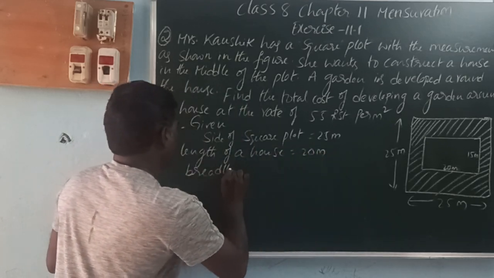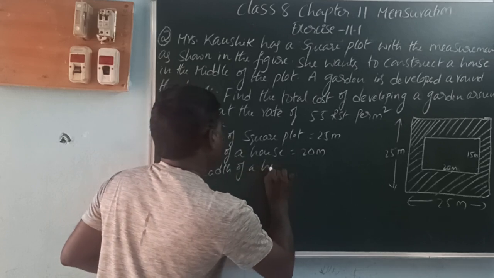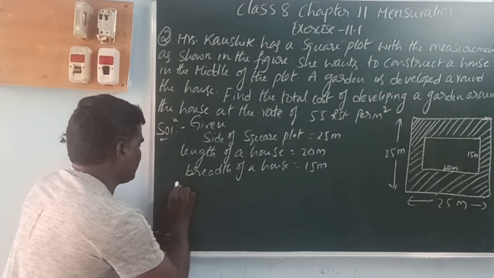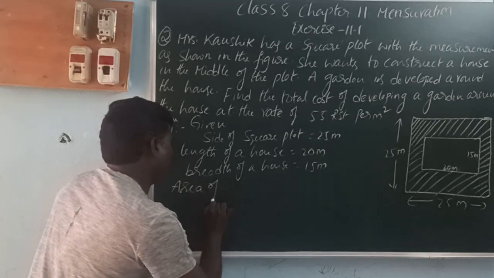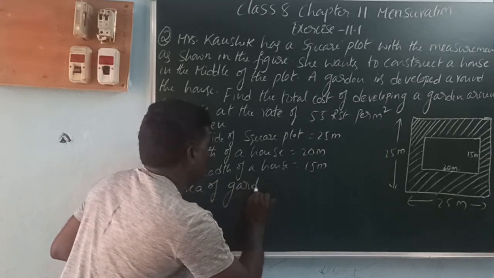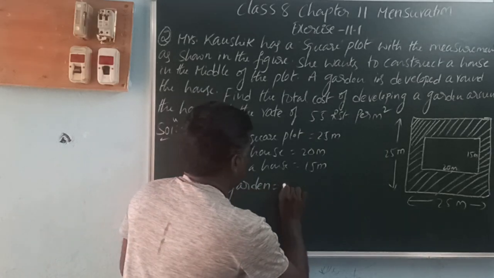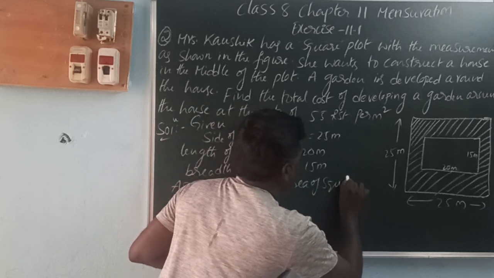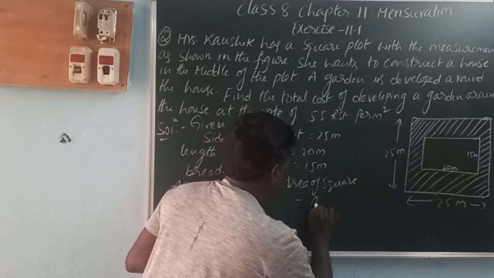Breadth of house is 15 meter. So area of garden is area of square plot minus area of rectangular house.